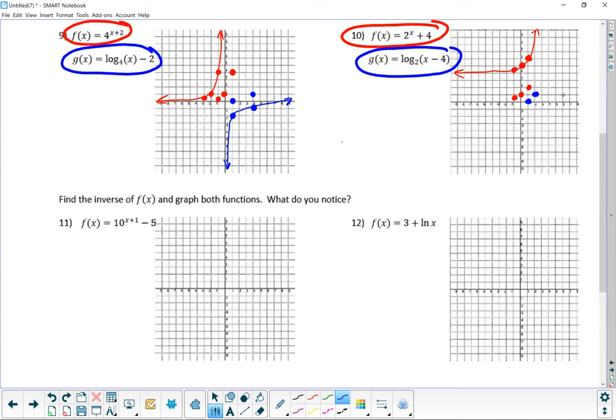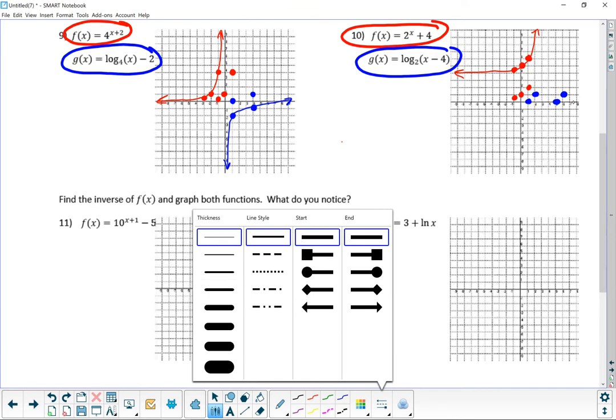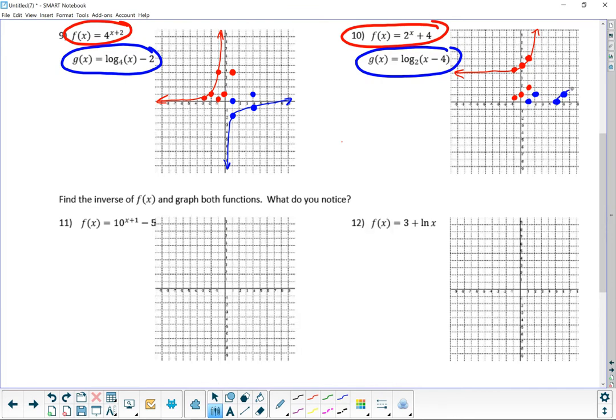So 1, 2, 3, 4, and right here, 1, 2, 3, 4. And we're going to graph that in, with a maximum of 1 unit to the right, and then it's going to go straight down from there. Hopefully you see something, but again, if you don't, it's okay.